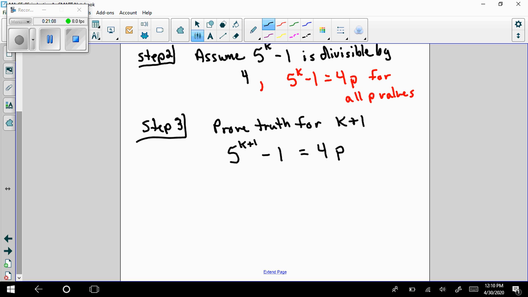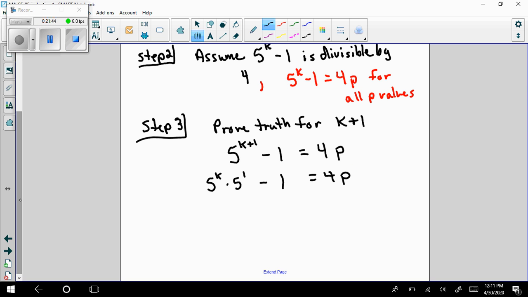If you think about your rules of exponents, you add your exponents when you're multiplying two values that have the same base. So I'm going to take this 5 to the k plus 1, and I'm going to change it to 5 to the power of k times 5 to the power of 1, minus 1, equals 4 times some number p.